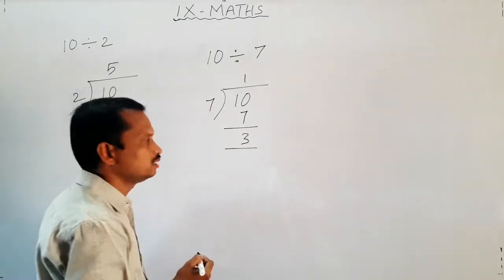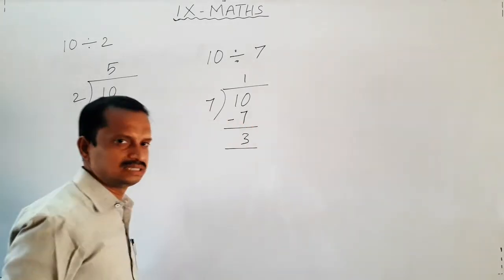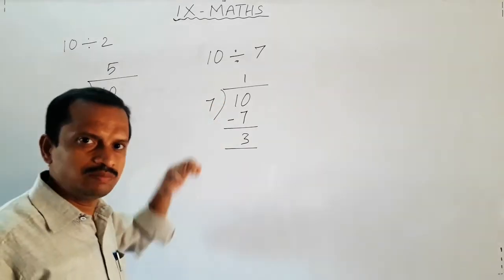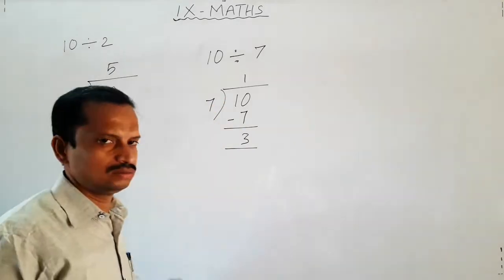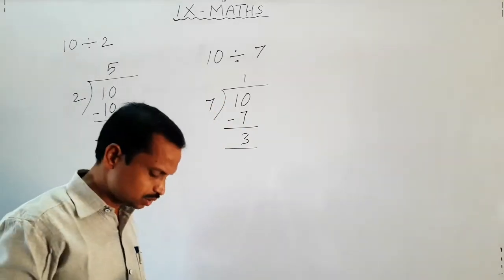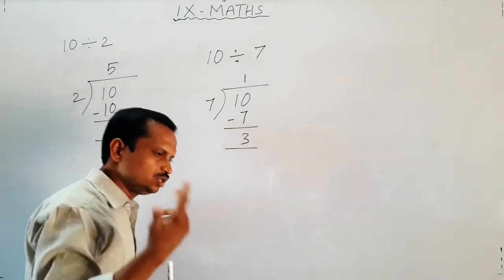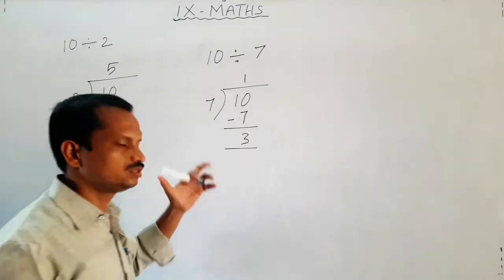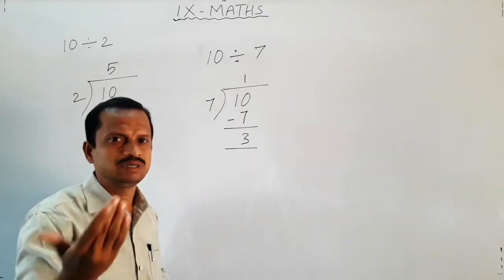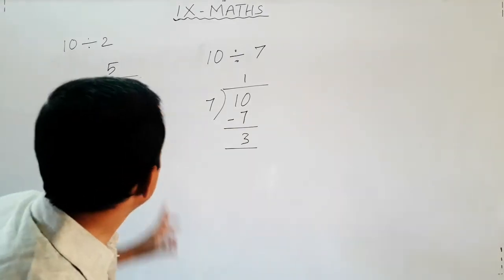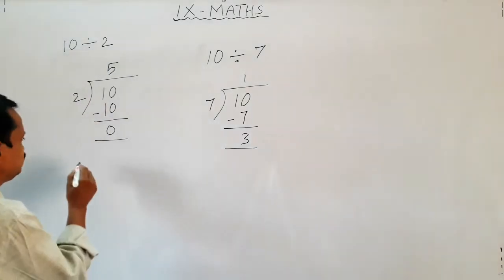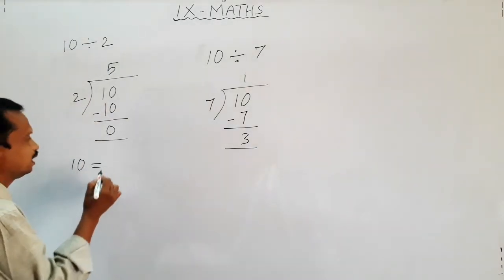How are we getting that? Because we have to subtract 7 from 10. So 10 minus 7 is 3. Why am I writing the subtraction sign here? Because I am going to inform this in the upcoming problems. Clear?